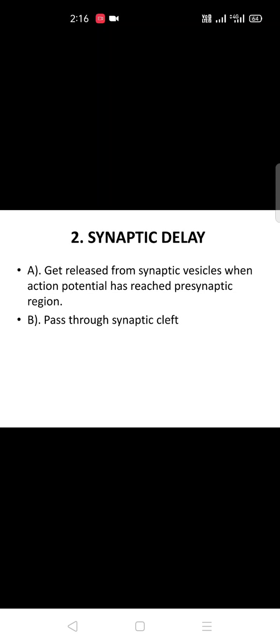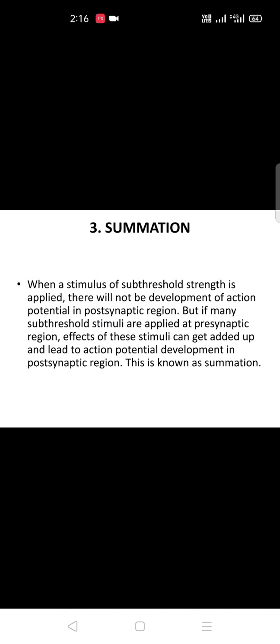After releasing, it has to come to the postsynaptic side. So from pre to post, while the action potential is traveling, there is a little bit of delay. That is called synaptic delay. Every synapse will have a little bit of delay.